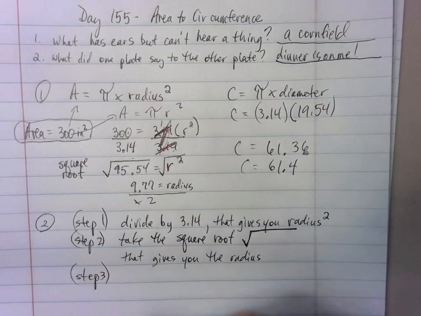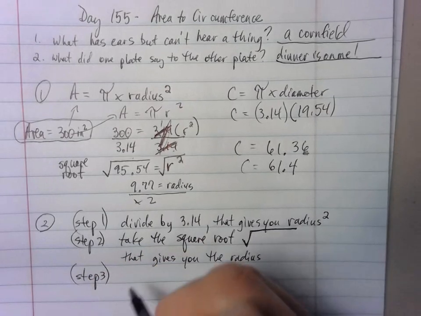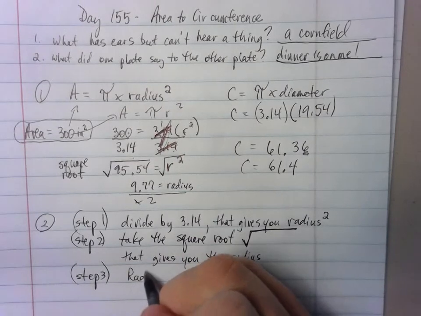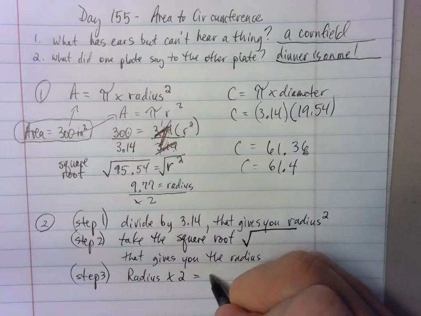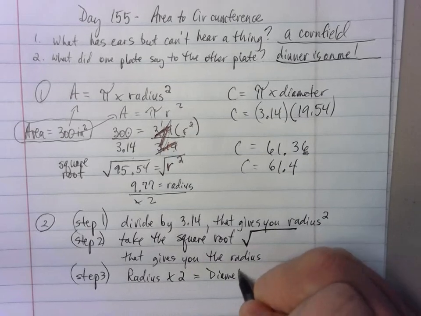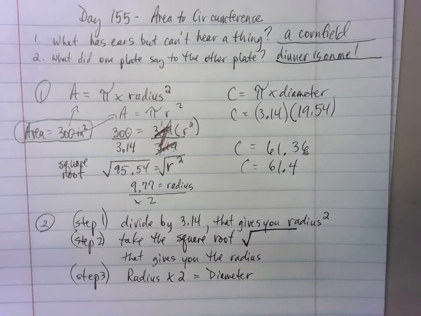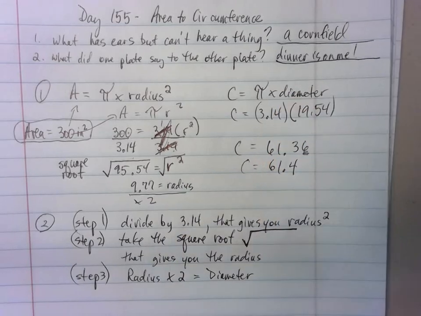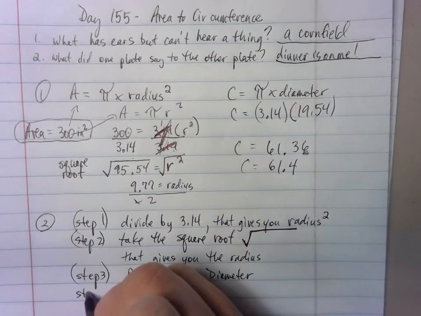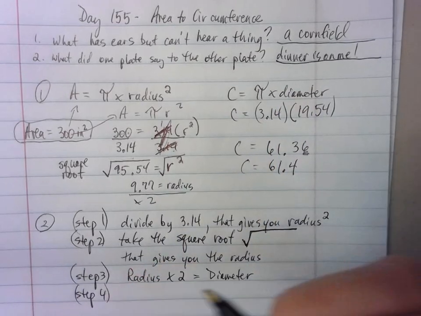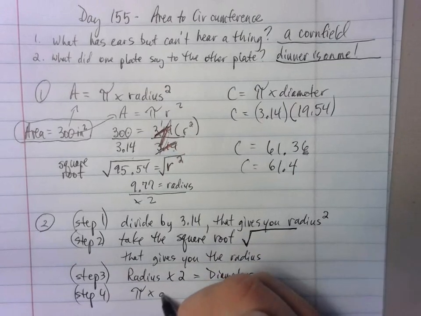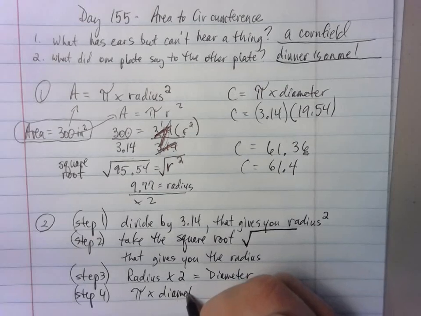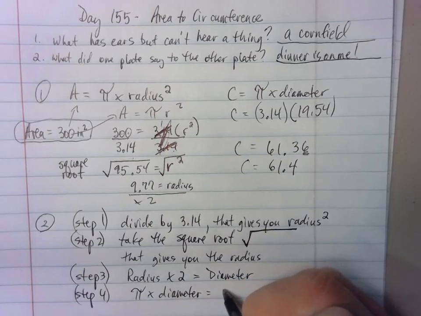Now, once we've got that, we'll do the radius times 2 to give you the diameter. And then that brings us to the final step, which will be step 4. Do pi times diameter. And that'll give you the circumference.